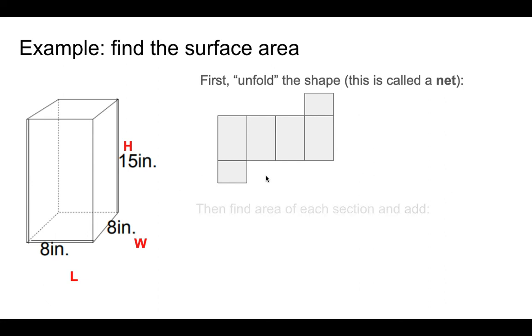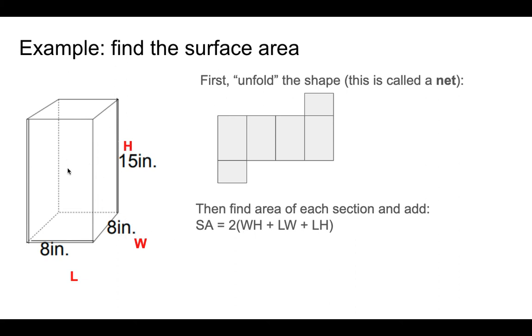Now, if you look at your equation sheet, you can find the area of each section and then add them all together. But if you look at your equation sheet, it makes it a little easier for you. The surface area of a rectangular prism is 2 times the width times height, because we have 2 of those faces, right?